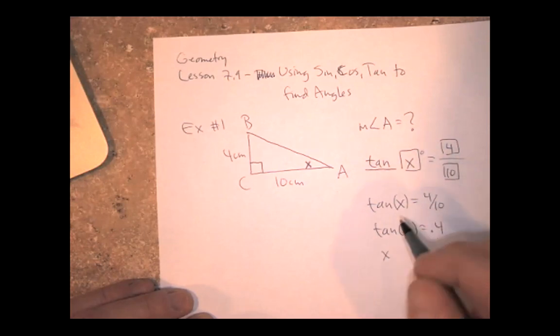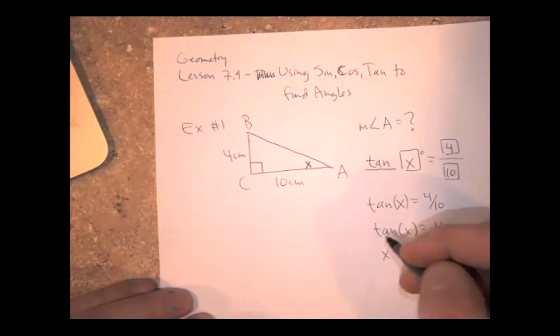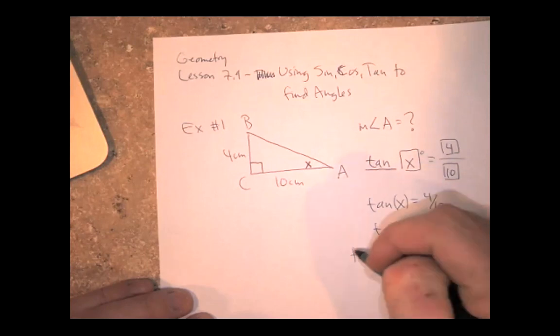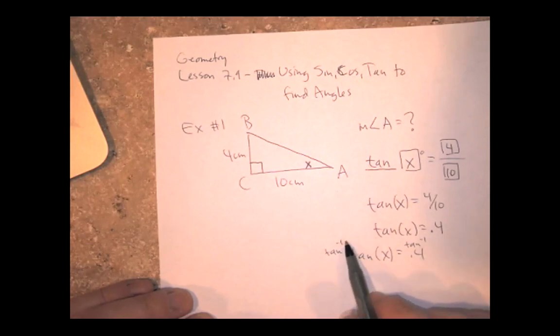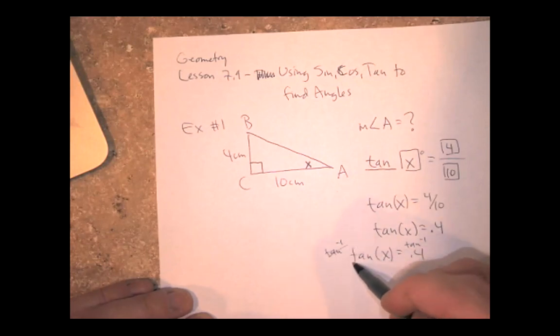We do a tan inverse on each side because we want to cancel out this tan. If I have tan x equals 0.4, I do a tan inverse, which is tan with a little -1 on it. That cancels out the tan, so x is going to be the tan inverse of 0.4.